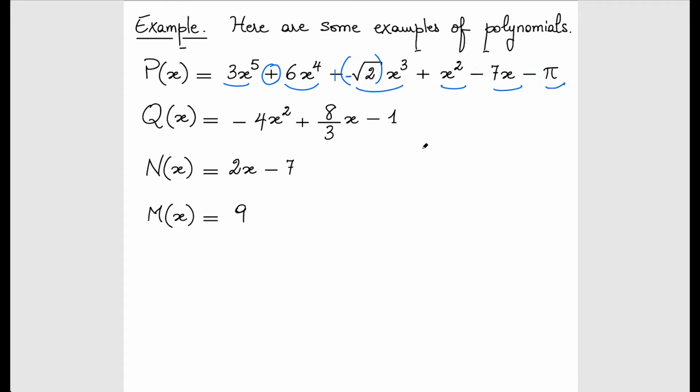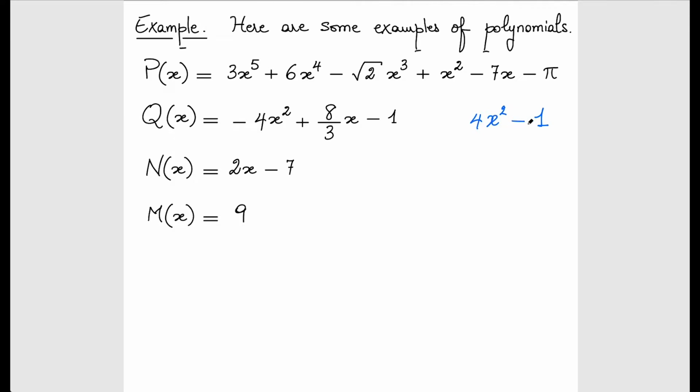How about now if I change the following? If I take the following situation. What if I have, instead of this, 4x squared minus 1? Is this a polynomial?